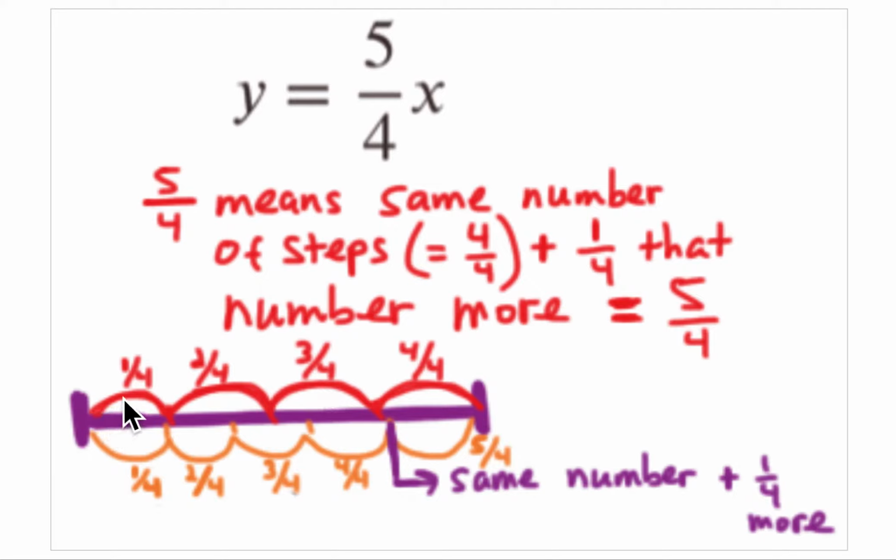So if Jada takes 4 steps, 1, 2, 3, 4, Noah takes that same number of steps, 1, 2, 3, 4, plus 1/4 of his steps. So he takes 5/4 steps. One whole step, 4/4, plus another 1/4 of a step to cover the same distance that Jada covered.